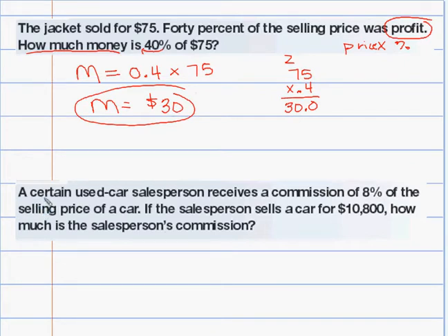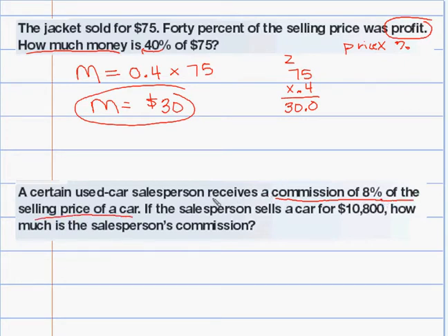Okay, next problem. A certain used car salesperson receives a commission of 8% of the selling price of a car. If the salesperson sells a car for $10,800, how much is the salesperson's commission? Okay, here's where the information comes, right? Commission of 8% of the selling price of a car.